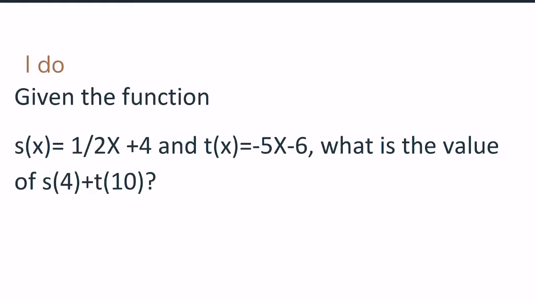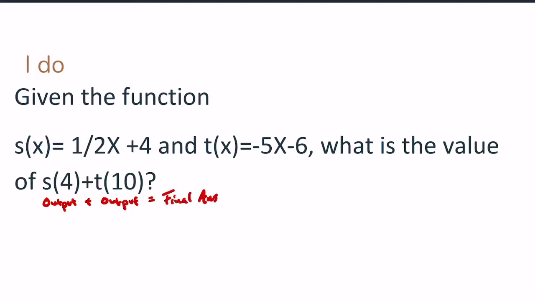That output plus the t function, the t of x, with the input being 10, whatever that output is. So here we're talking about the output for this plus the output for this will give us our final answer.